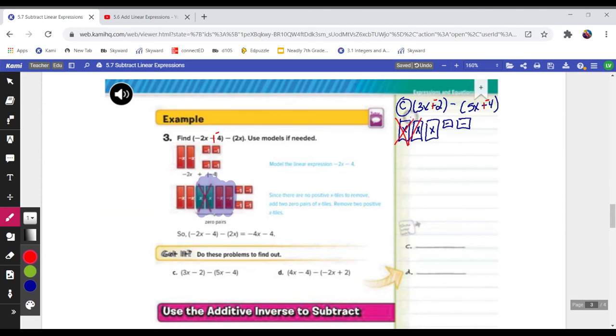So 1, 2, 3. I only had 3, so I need to make 2 more. So 1, 2, 3, 4, 5. I've taken away 5. I have negative 2, and I want to take away negative 4. So 1, 2. Well, I don't have enough, so I need to make until I have 3, 4. So that means that letter C becomes negative 2x minus 2.